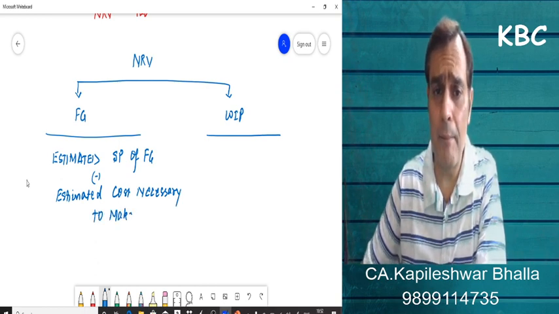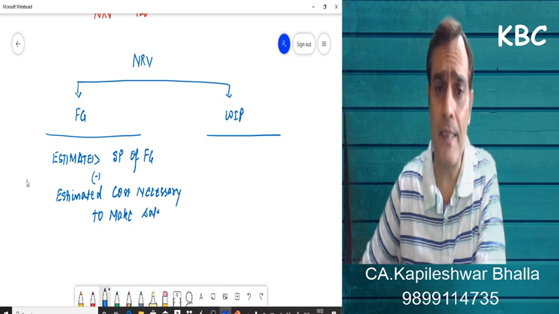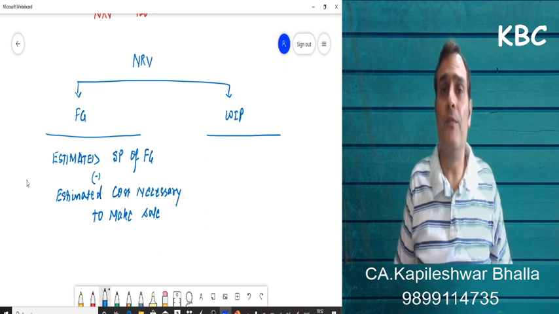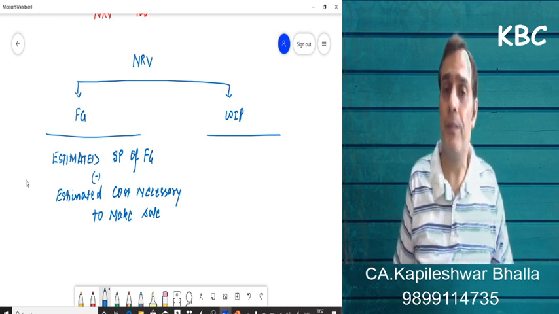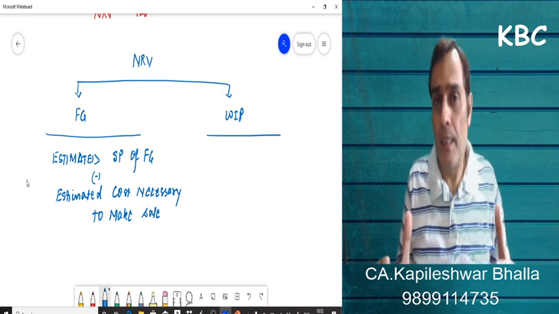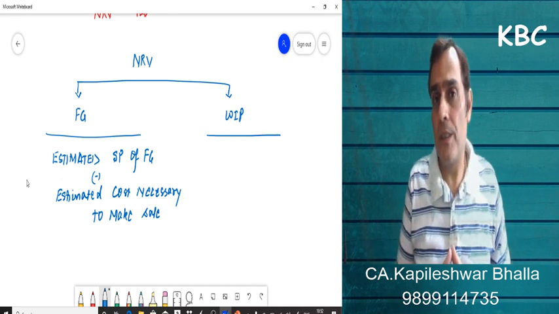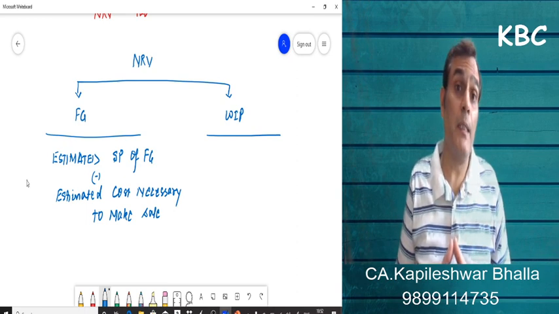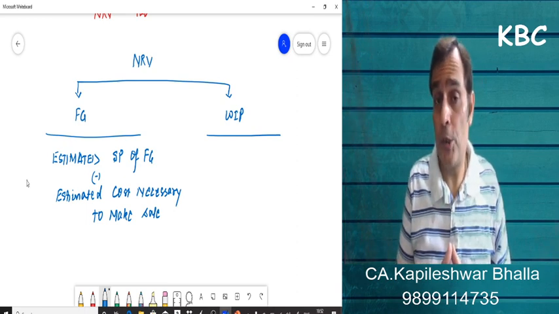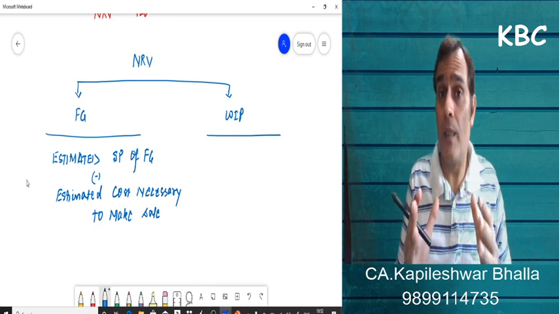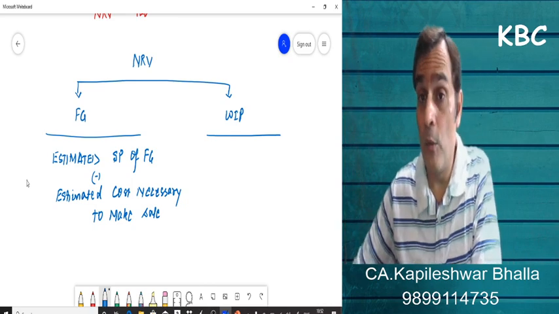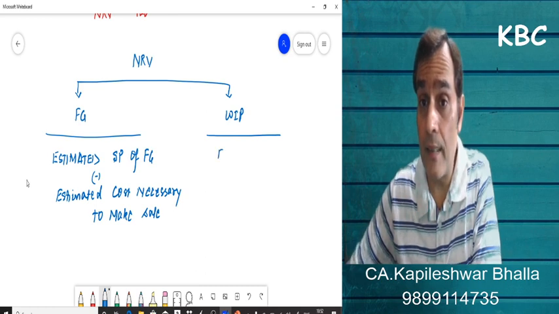So can you give an example of what is a necessary cost to make a sale? Well, for example, if you're giving a sales commission to your agent, let's say your price is 100 rupees and you're going to give him a 10% commission, then out of 100, which is the estimated selling price, you reduce that 10% commission, 10, and you get a net realizable value, which is 90. Similarly, when I'm looking at WIP, then I am considering the estimated selling price.